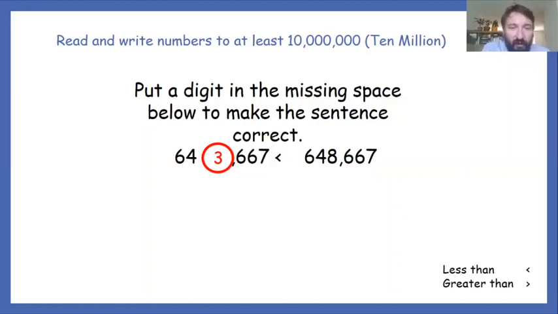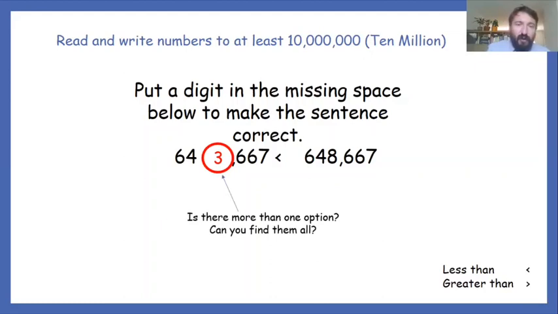So in this column, which is our thousands column, the number that we place in that thousands column has got to be below 8 to make this statement true. Is there more than one option? You may be glad if you thought, oh, it's only 3. There are more options. You could have anything all the way up to 7 to make that statement correct.